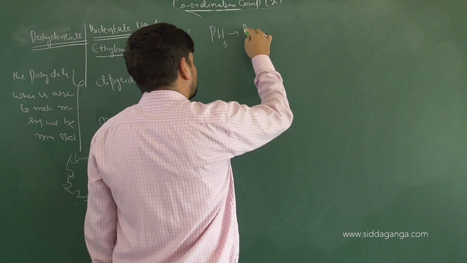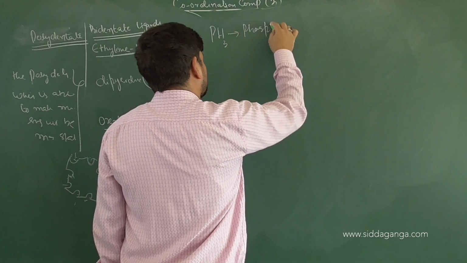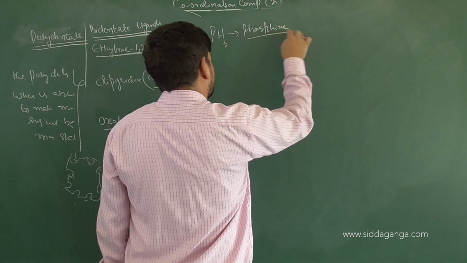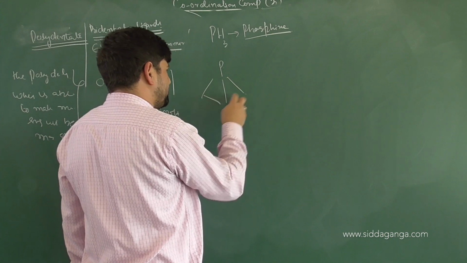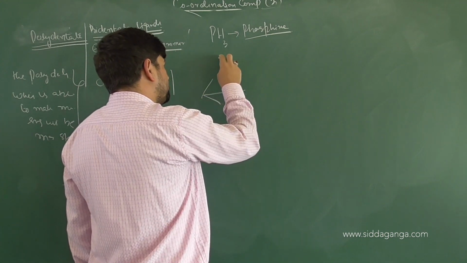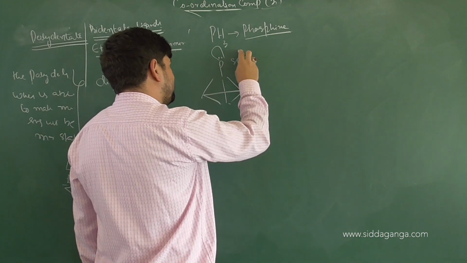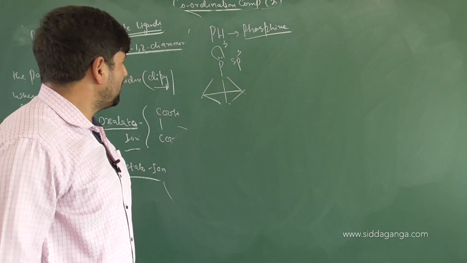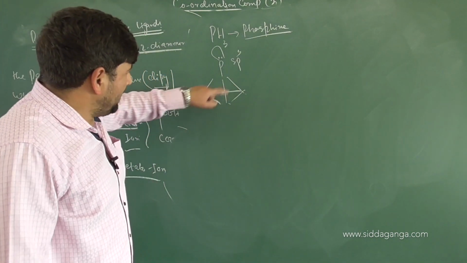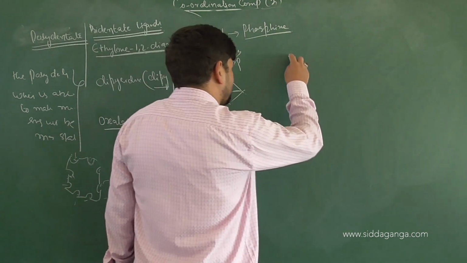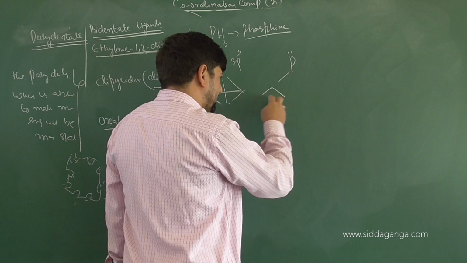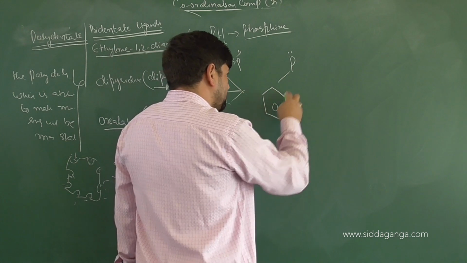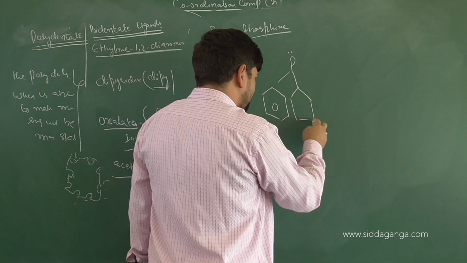What is that called? Phosphine, right? And we know it will be pyramidal in shape because phosphorus will have one lone pair of electrons. Hybridization will be sp3. Very simple thing to do. Now, if you replace these 3 hydrogens, you will get P, then a lone pair of electrons, and it is replaced by 3 phenyl groups.